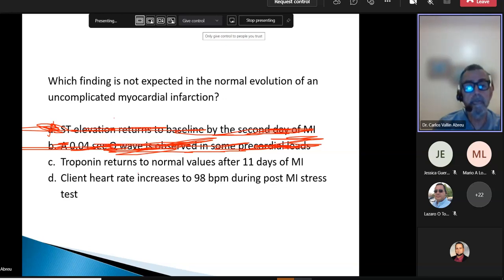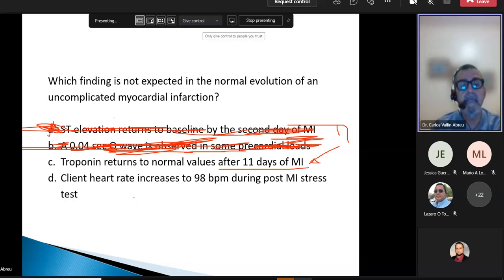Troponin returns to normal after 11 days. I have a problem here. I said that usually troponin returns back to normal around 1 week, around 7 days. So I'm concerned about this option, so I place my question mark here. Let me see the last.